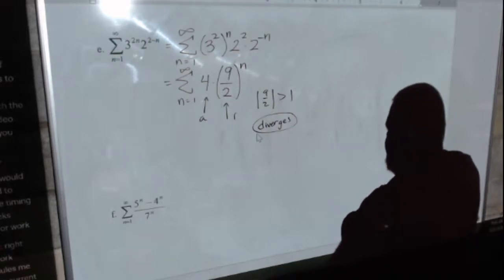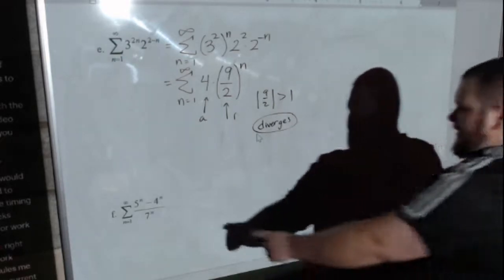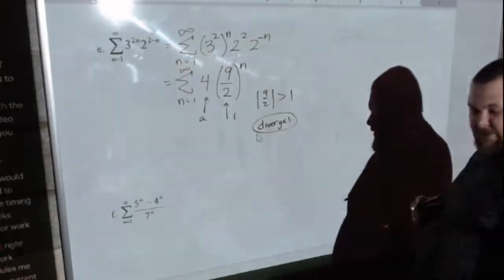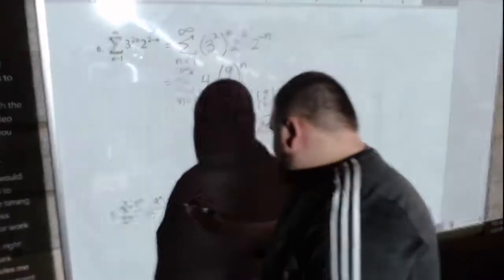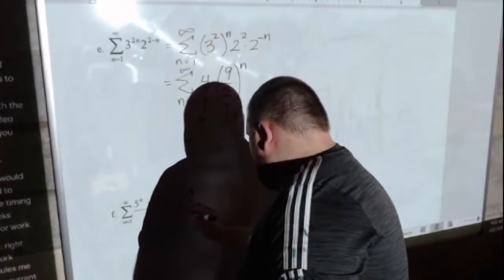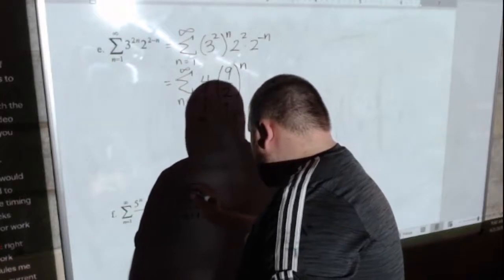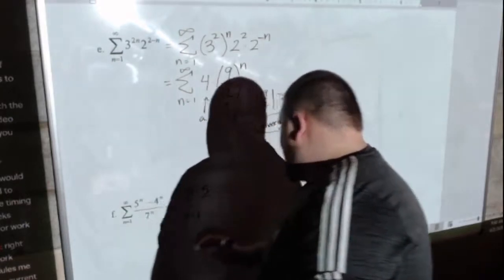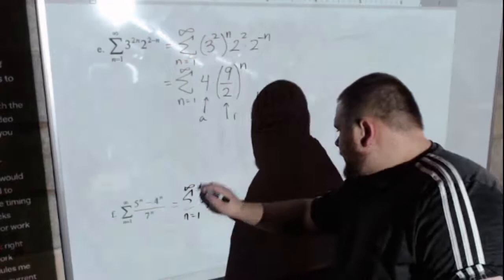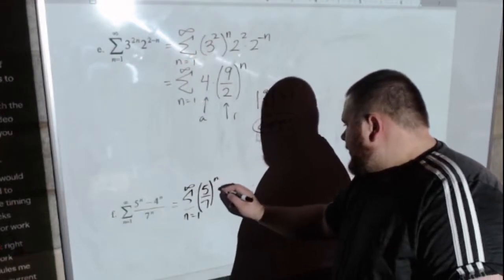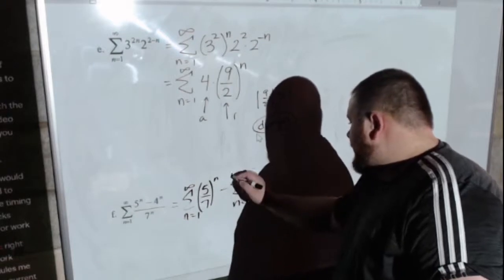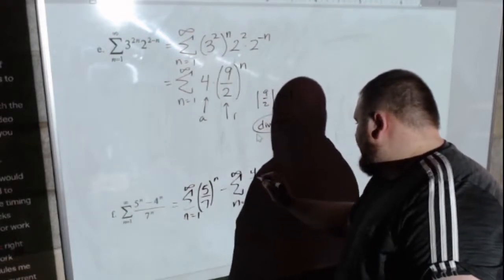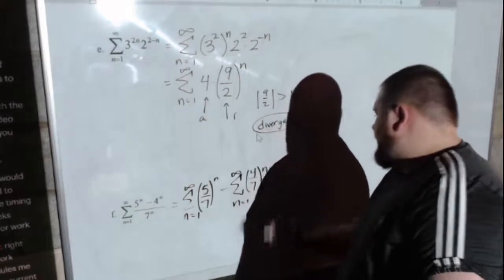All right, let's go ahead and do this last one. So that one there, I'm going to break into 2 separate sums. So this is going to be 5 over 7 to the n minus another sum, which will be 4 over 7 to the n.